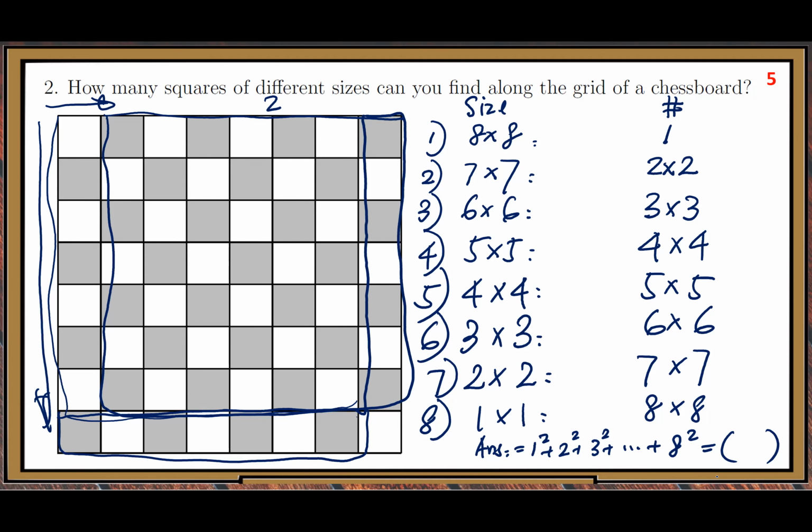So in this example, we organize our data in different sizes. At the beginning, we do not view the given data in different sizes, right?